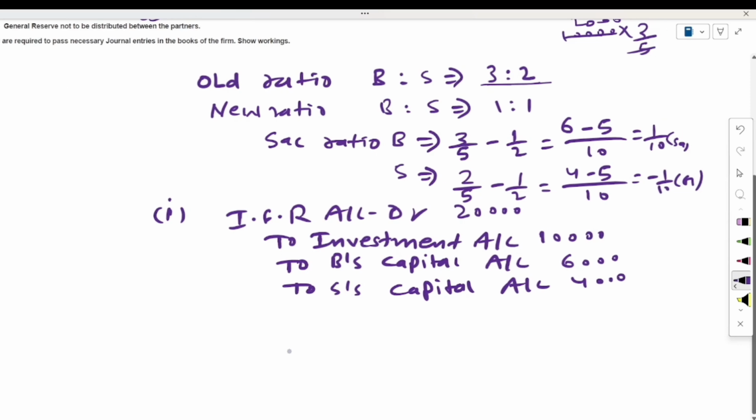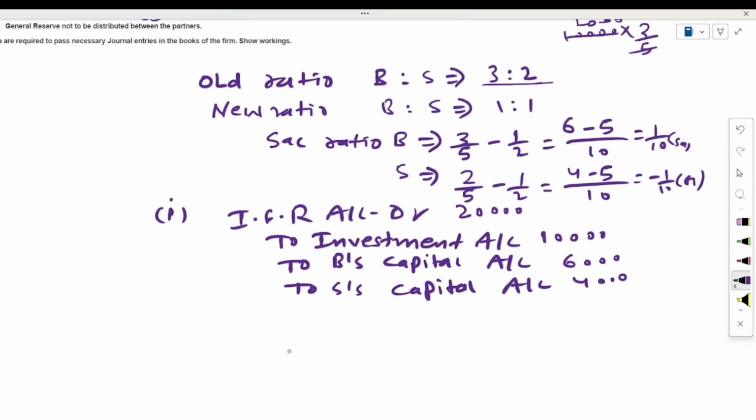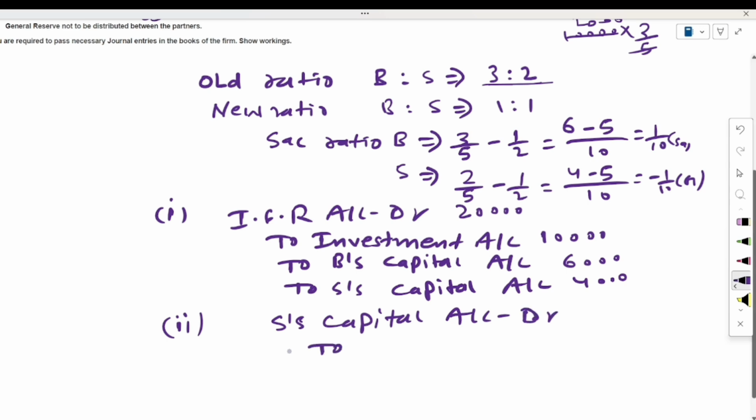So here, the second entry: gaining partner's capital account debit. Who is gaining here? Sakshi is gaining. So we make the entry S's capital account debit to B's capital account.